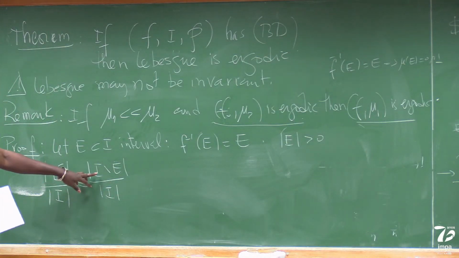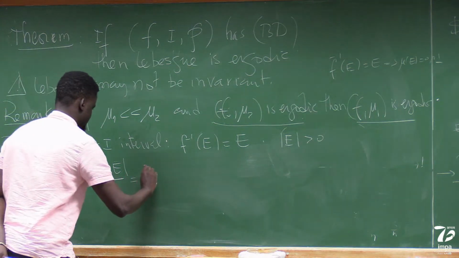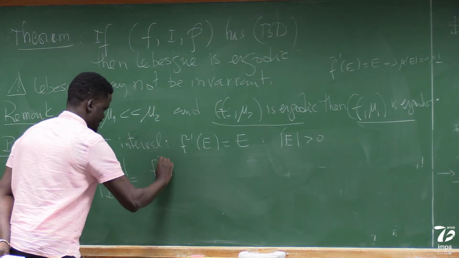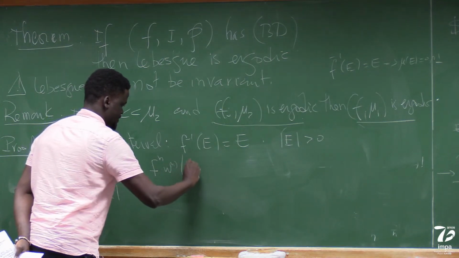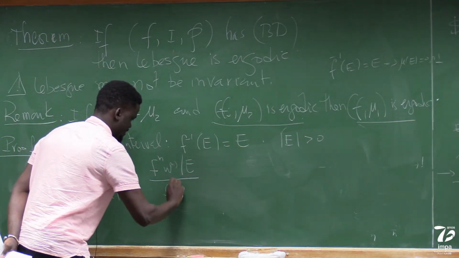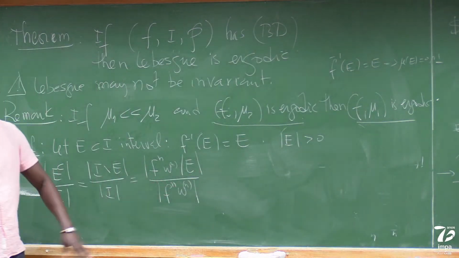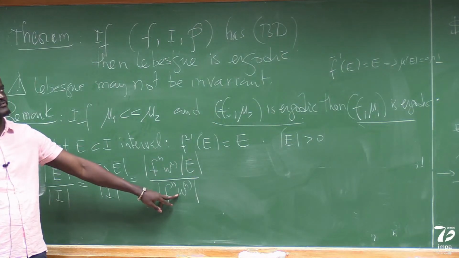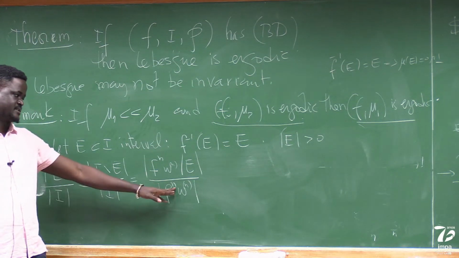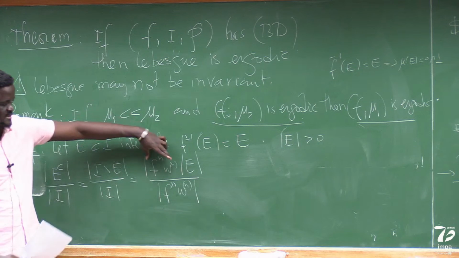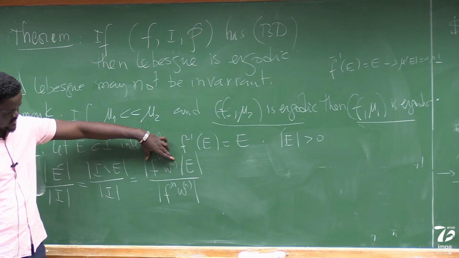And since we have a full branch expanding map, you can write this as f^n of omega_n restricted to E complement over f^n of omega_n, because this is just I. By definition of a full branch map, this refined partition has the property that after n steps it is mapped to the whole interval, up to a zero measure set.